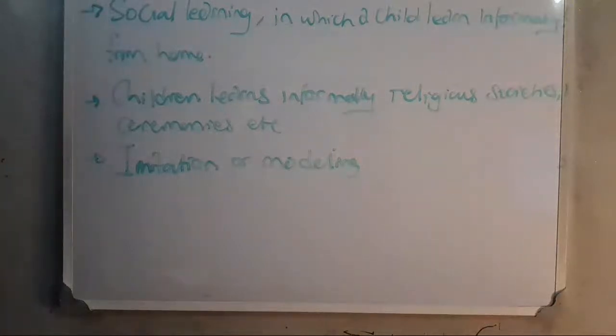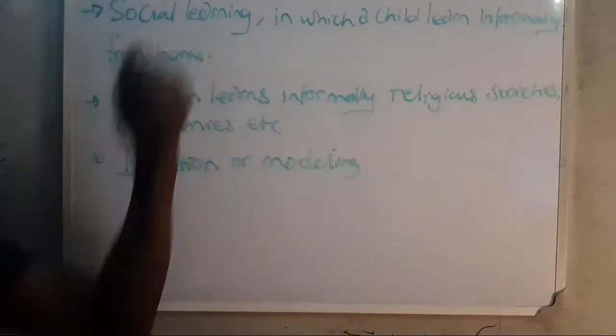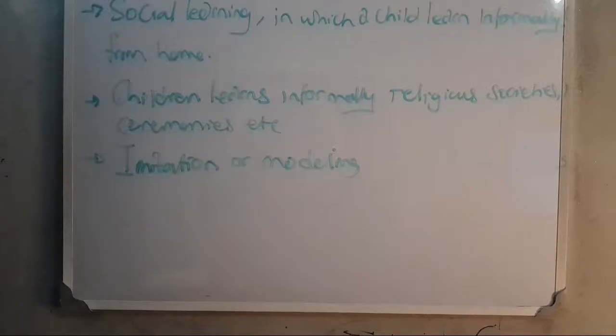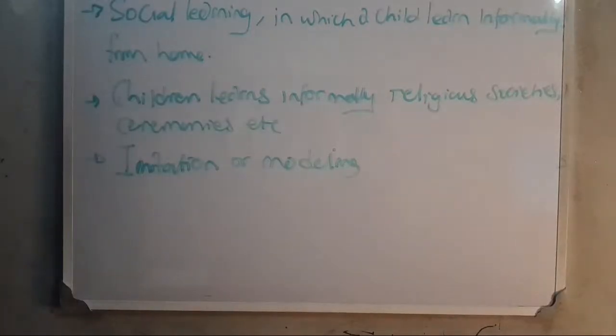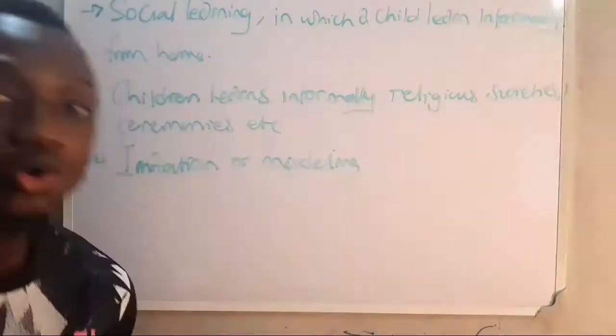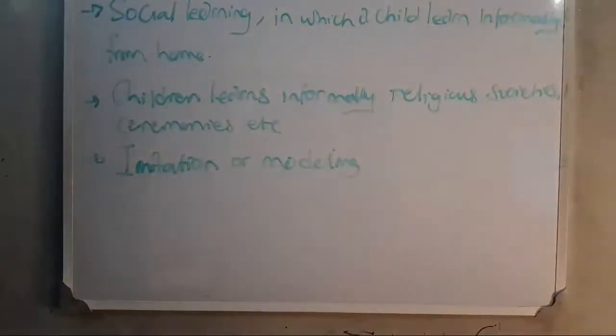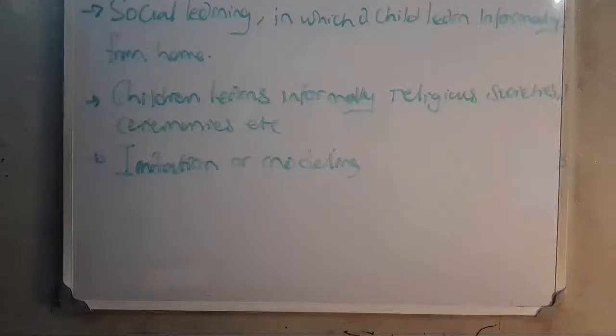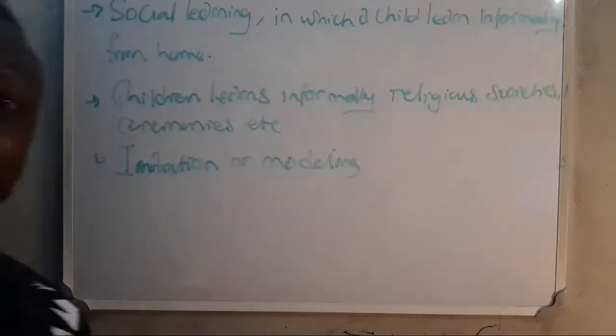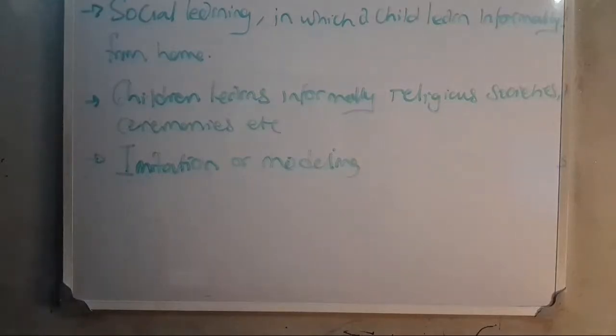All this still takes us back to social learning. What is imitation? What they see others doing, what others do, or what they are told to do. Basically that's how they learn, and it's informal. There's no structure, there's no proper written guide saying this is how things should be done and not like this. So we have that as that.